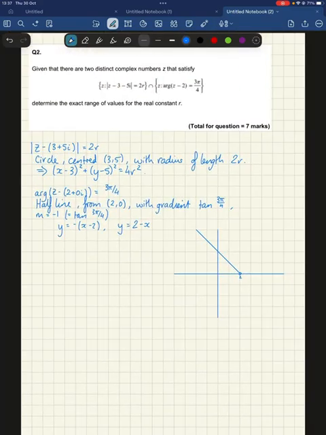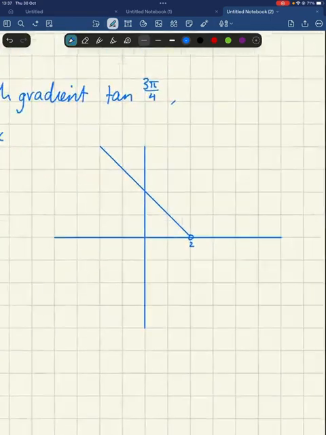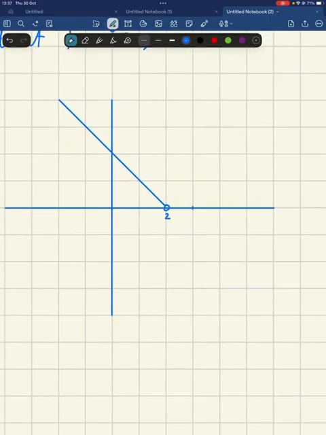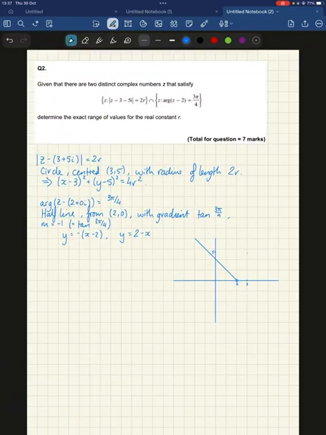Now we've got a circle centered at (3, 5). So this will be 3, and not to scale, this is 5. So our center is going to be over here, and we're going to have a circle. Now we don't know what r is.